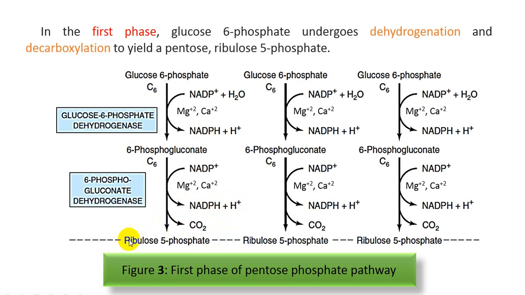The result is 6-phosphogluconate converted to ribulose 5-phosphate, the same ribulose 5-phosphate. Okay?